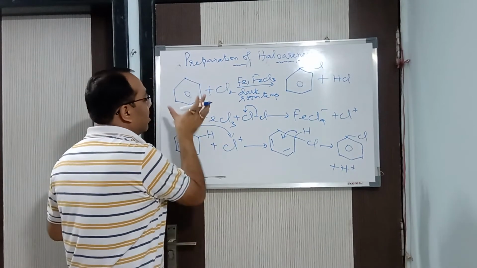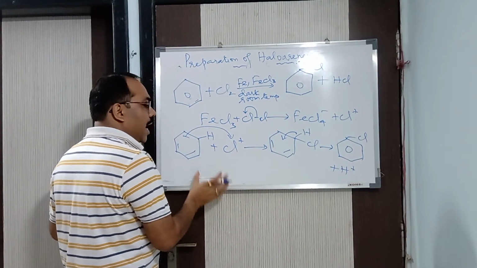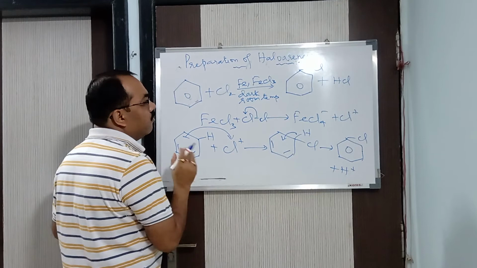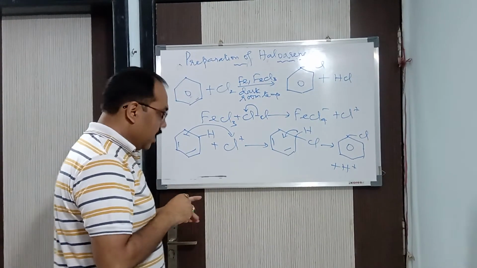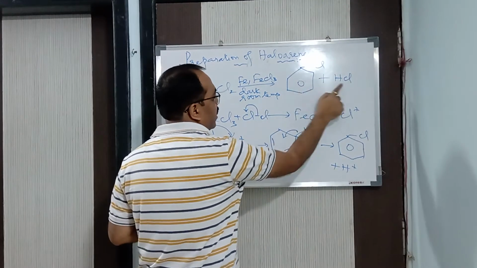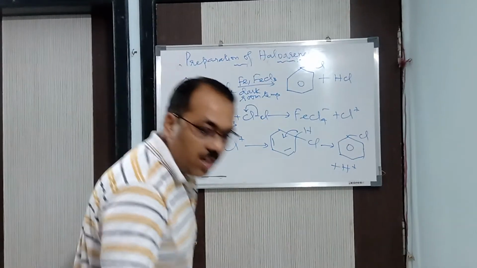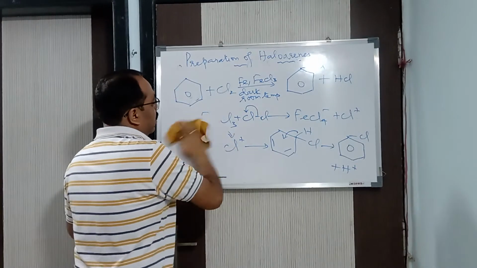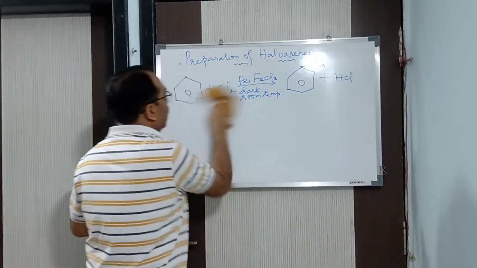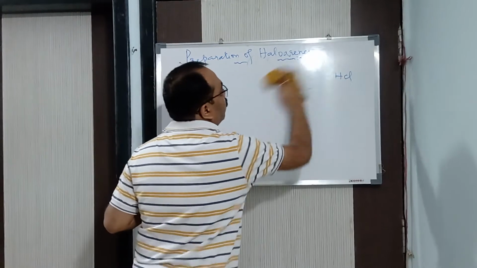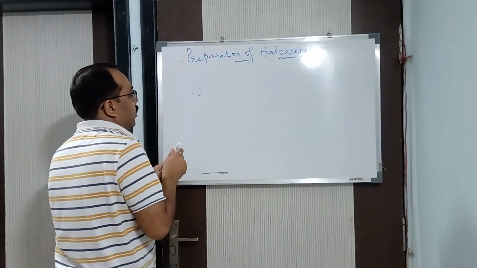Now, I said chlorination and bromination can be done. If you do iodination, it is a reversible reaction. Why? Because in iodination, instead of HCl, HI is formed, and HI is a strong reducing agent, so it makes the reaction reversible.